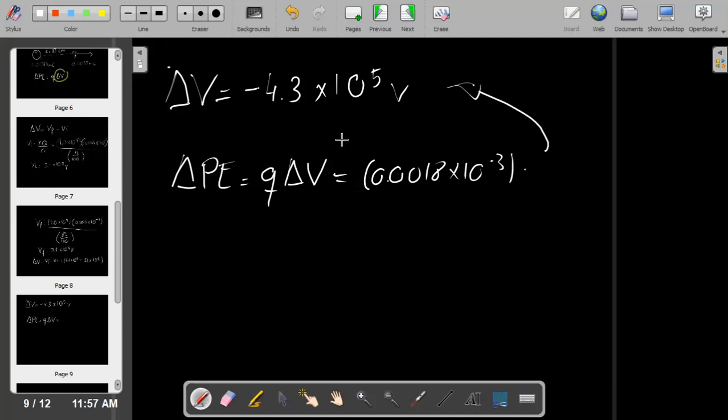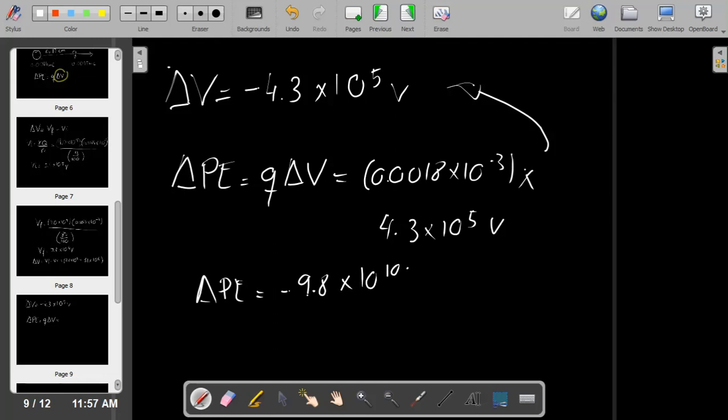It's 4.3 times 10 to the 5 volts. And if you do it right in your calculator, you should be getting a potential energy of minus 9.8 times 10 to the 10 joules.